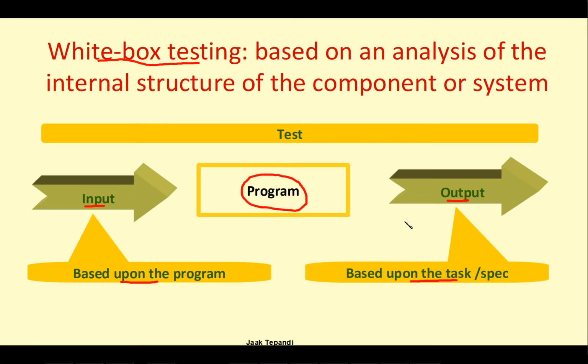Think a little bit of why we cannot base the output on the program. What is wrong in this case? So we need to base the output upon the task or specification.